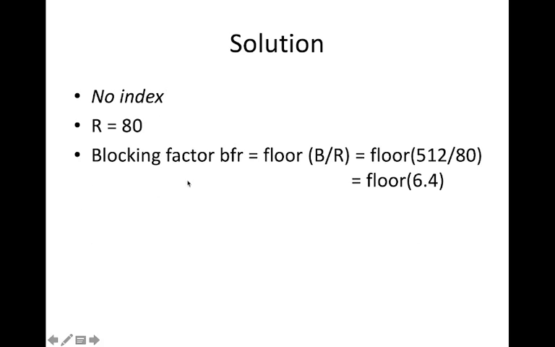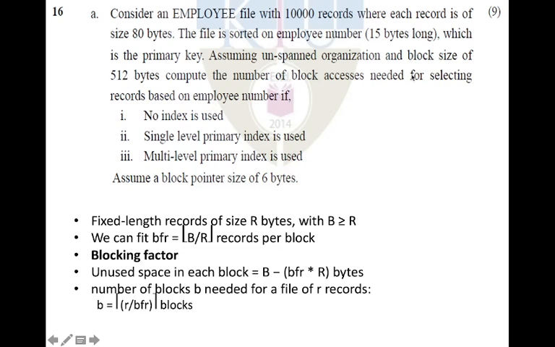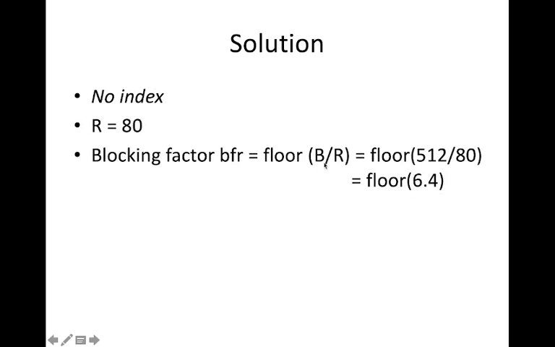So we can calculate BFR. BFR is equal to floor of B by R. We know the B value, which is also given in the question. B, the block size, is 512 bytes. So we simply calculate floor of 512 divided by 80.